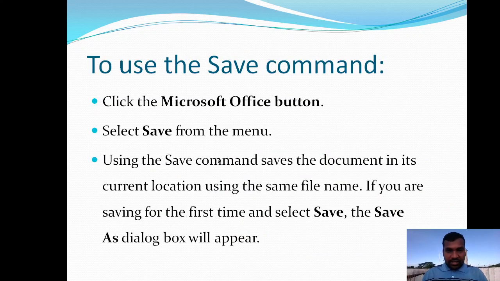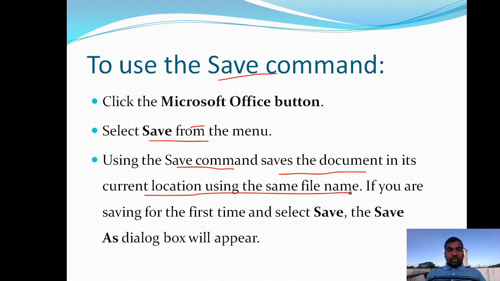Now the use of the save command. Click on the Microsoft Office button and click save from the menu. Using the save command, it saves the document in its current location using the same file name. So it won't alter the location or the name of the file.